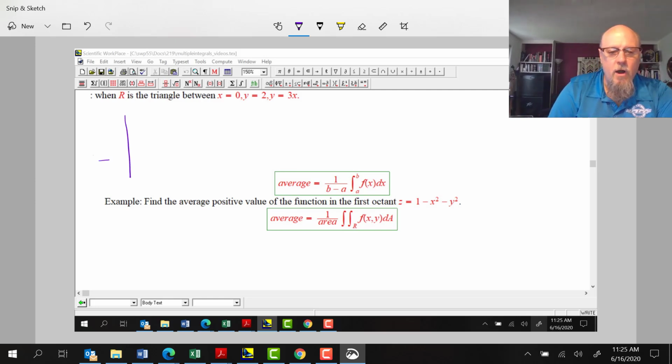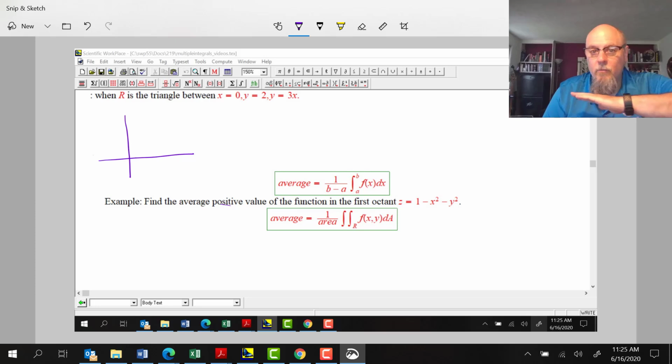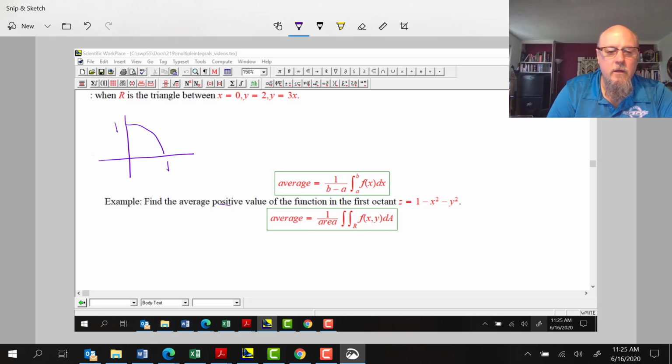I'm only in the first octant, and this looks like where the positive value, so if I were to draw the z equals 0, which would be the dividing point between when z is positive and when z is negative, that would be x squared plus y squared equals 1, a circle of radius 1, but I'm only in the first octant. So this is the region that we're talking about.